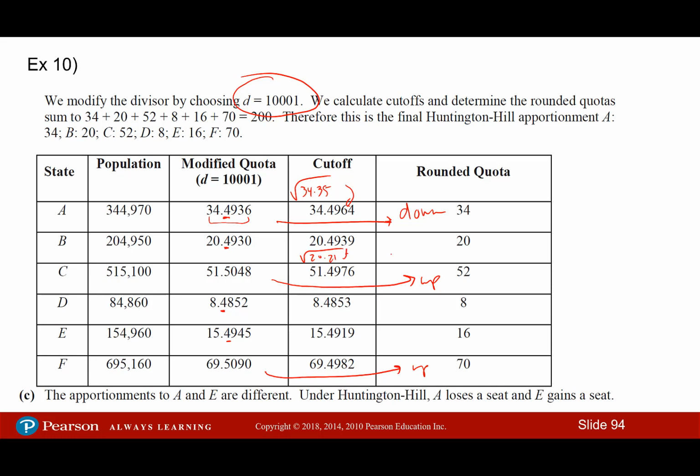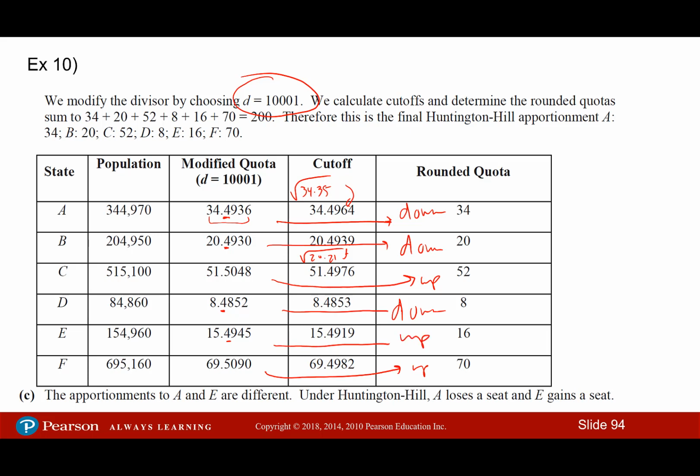And now this one is going to be rounded down as well. The next one, ooh, that's a close one, 0.4853 versus 0.4852. So this guy gets rounded down. And 0.4945, 4919, that is okay, that gets rounded up.